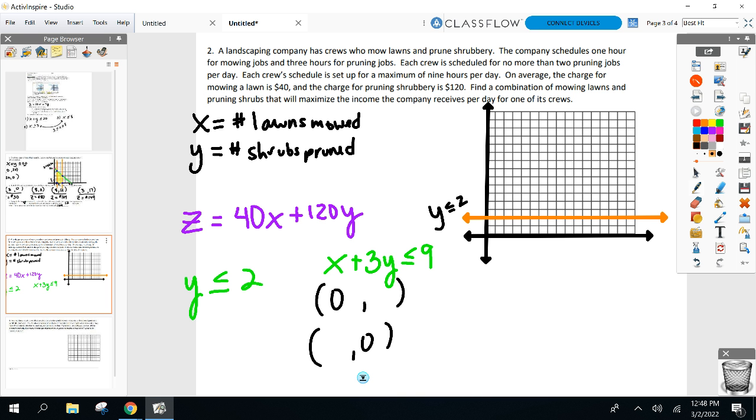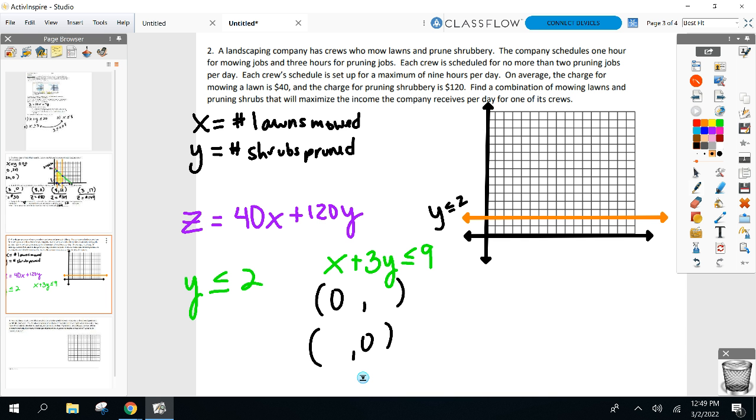All right, go ahead, find your intercepts. 3. Yes. Do we have to put arrows? No, because you're not going out of that first quadrant.